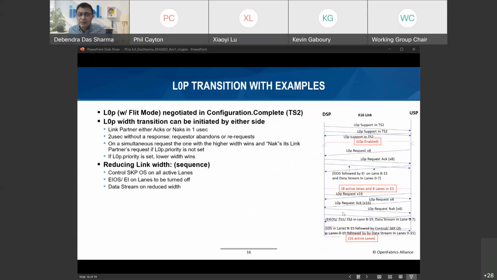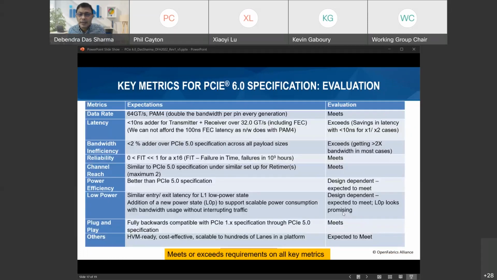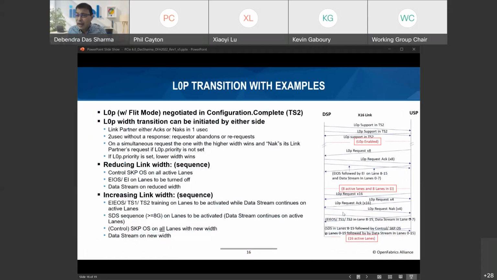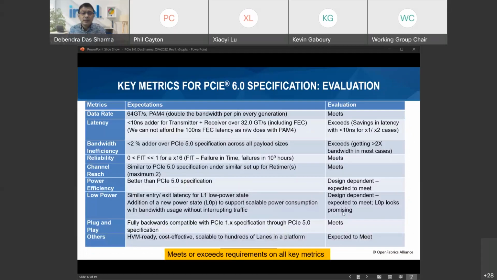And because of the lack of time, you can take a look at that. This goes through some of the handshake of how that happens. But let's look at how we did, right? This is the scorecard, so to speak. Of course, data rate, we got to 64 gig, and you saw the latency. In general, we exceeded for most cases, except there was one case for the by one.